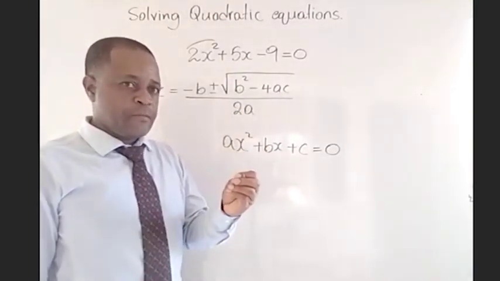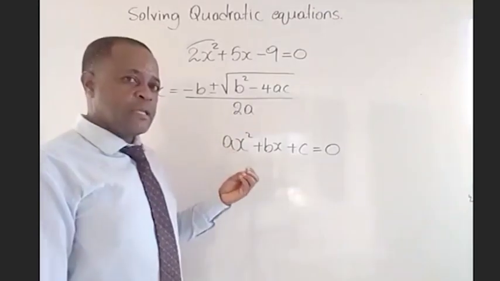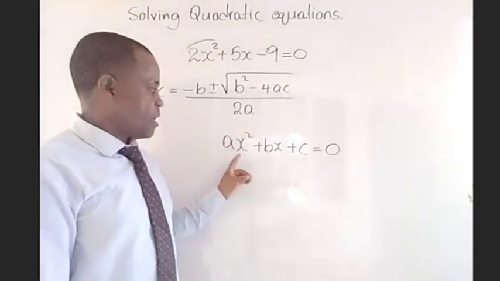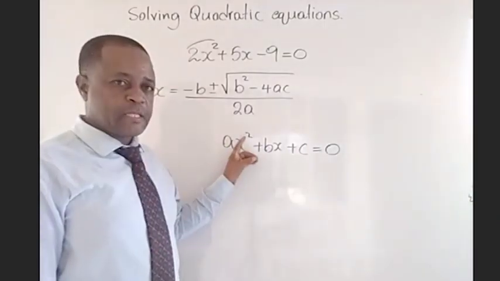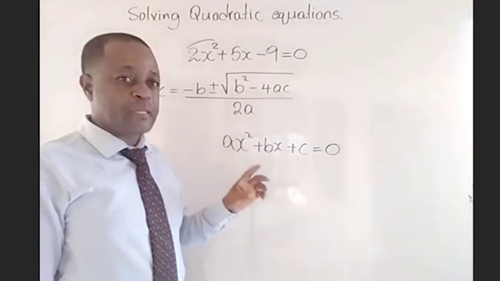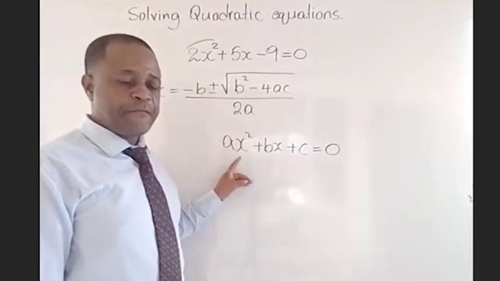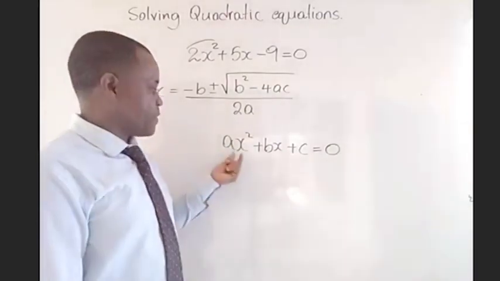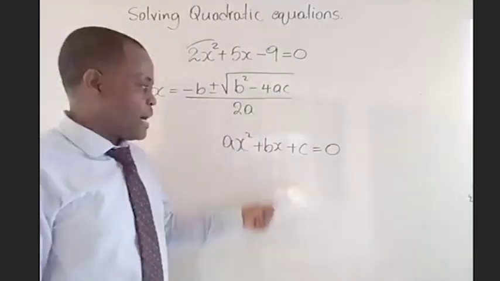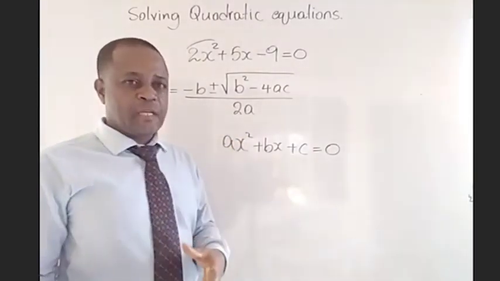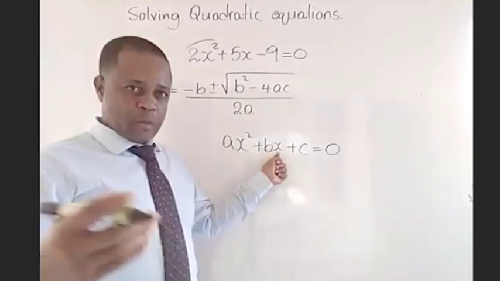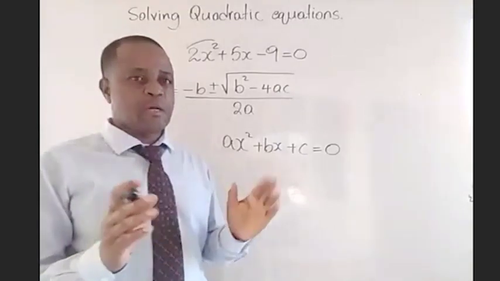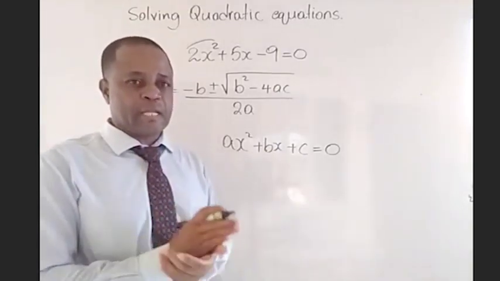Now, if you notice here, a represents the numerical coefficient of the square variable. And I say square variable and not x squared because it's not all the time you will have x in it. So a is the numerical coefficient of the square variable, while b is the coefficient of the variable to the first power, and c is your constant term, that term in the quadratic without any variable attached to it.